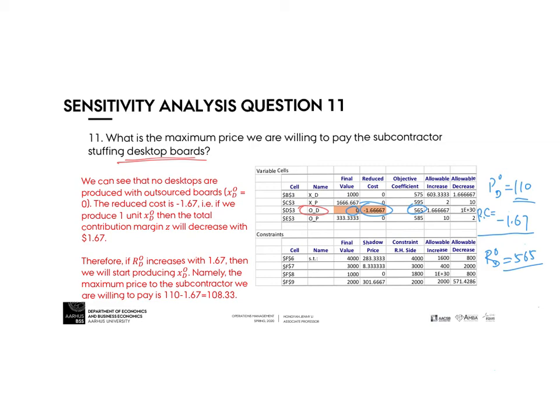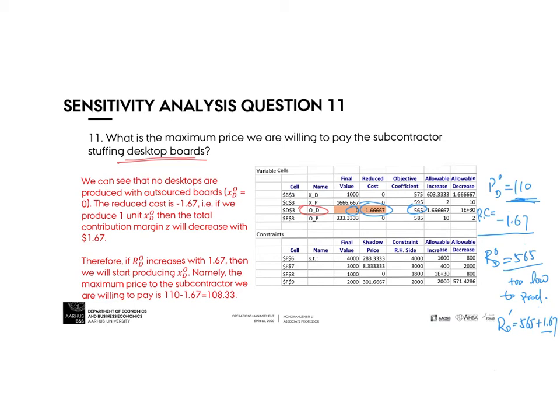That means this is too low to produce or to buy. So we need to increase this value by 1.67. That also means you need to reduce the cost.